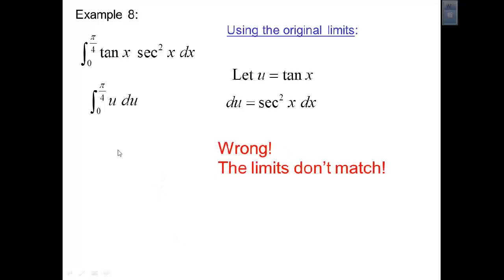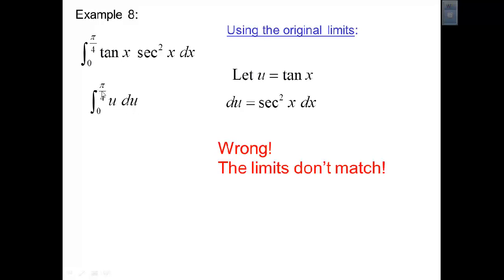Now, here's the thing I do want to point out. Right here, 0 to pi over 4 of u du. You will notice that when I was working that out, I made a conscious effort not to write that down. You cannot write this down on anything where you're having to show work and they're grading your work, because the limits here do not match the variable you're dealing with.